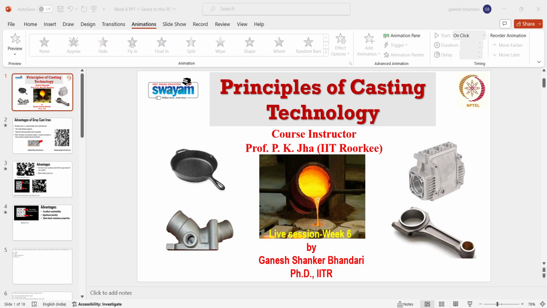It will cool down at the grain boundaries of that structure, so you will not get the desired properties. It will produce more brittleness compared to ductile cast iron.